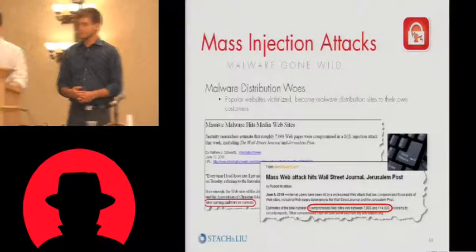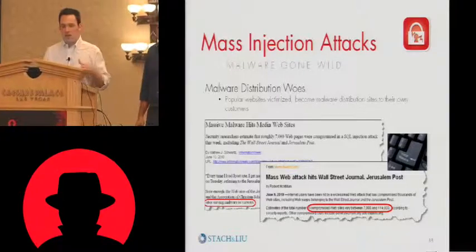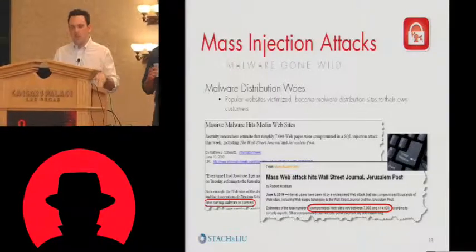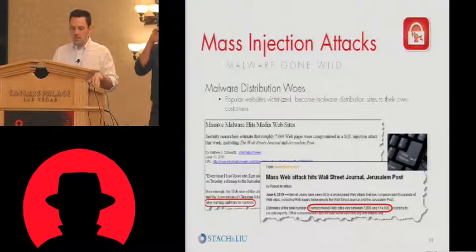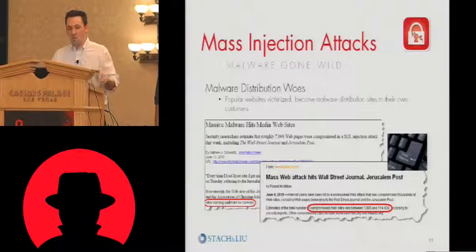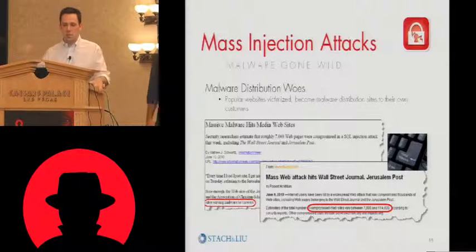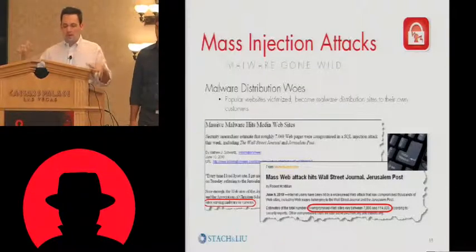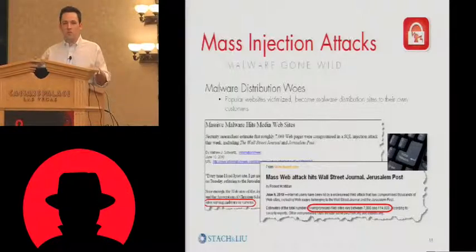Yeah. Again, in this case, how does this attack start with this mass SQL injection attack? We see in the bottom right that the number of websites compromised varies between 7,000 and 114,000, which is a big range. We know that the Wall Street Journal was compromised, as well as a few other big ones. But what they did in this case was just wait for an Adobe Flash vulnerability to come out, having all these 7,000 or 114,000 sites already scoped out to exploit.